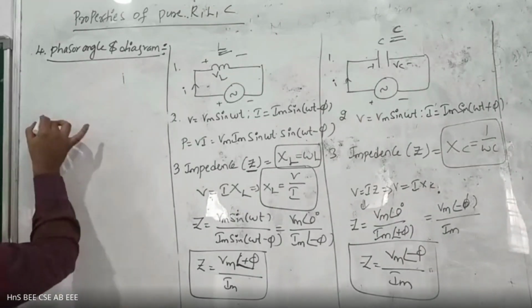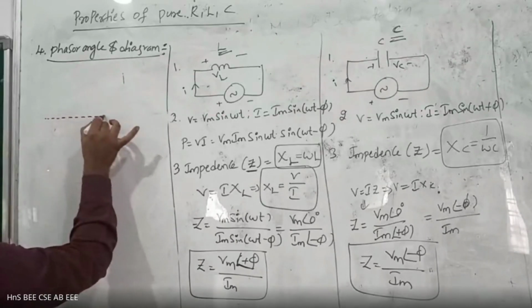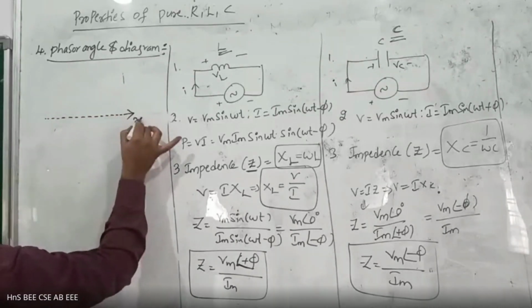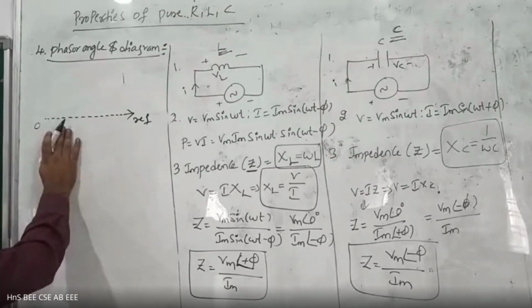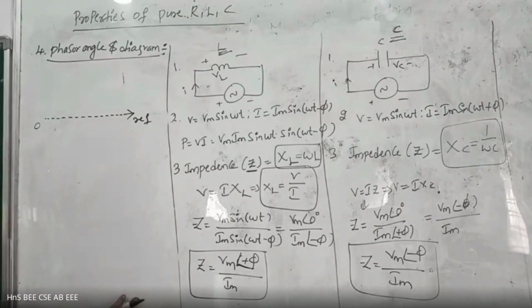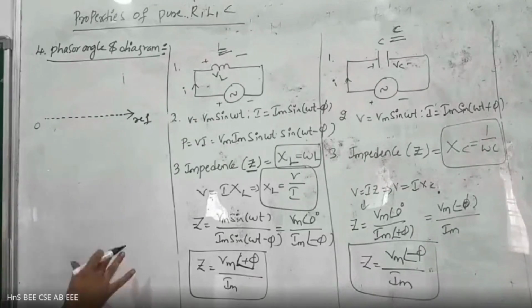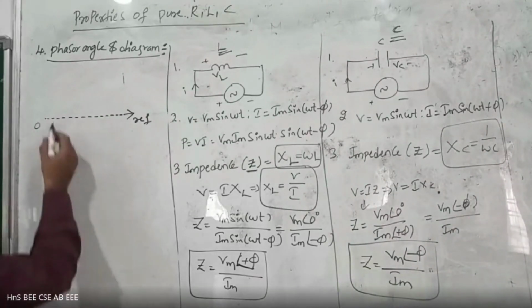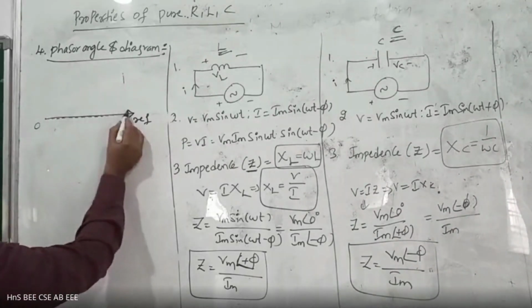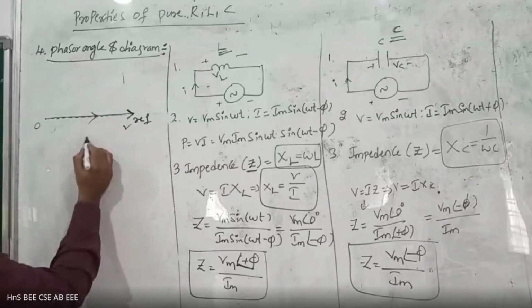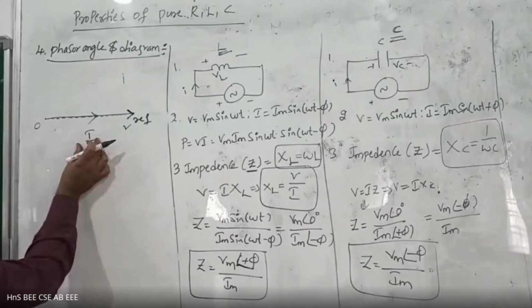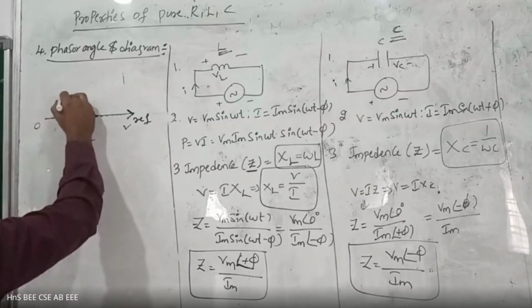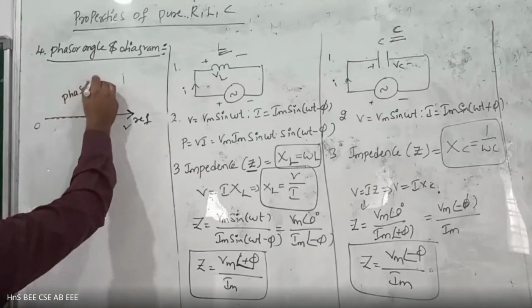First you need to draw a reference line. That reference line starts from 0. What is the angle of voltage? I already discussed in the third step, the voltage and current angles are both 0. The voltage angle is 0, that is V. The current angle is also 0 in our pure resistor. This is a phasor diagram.